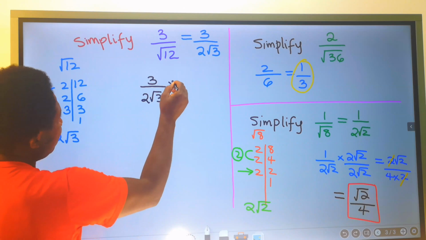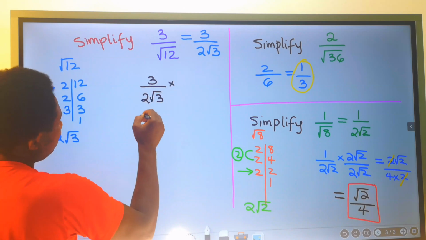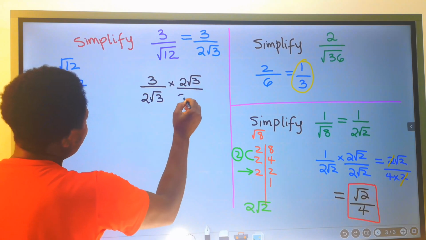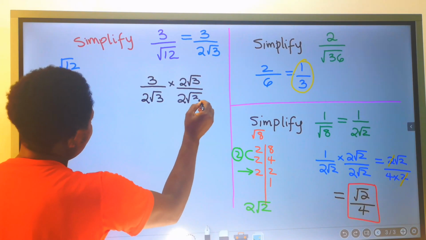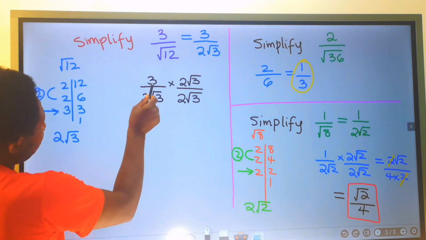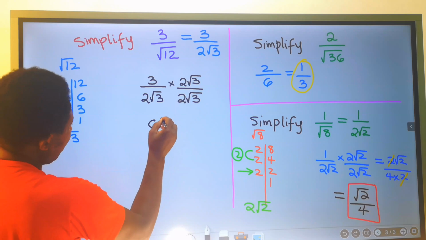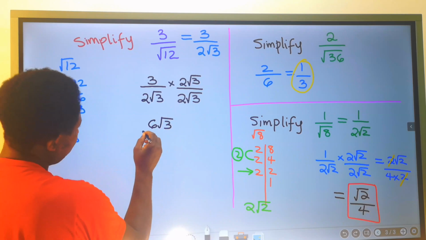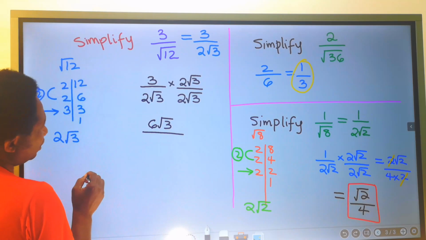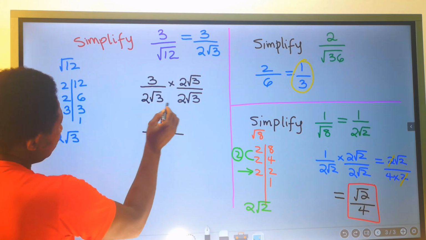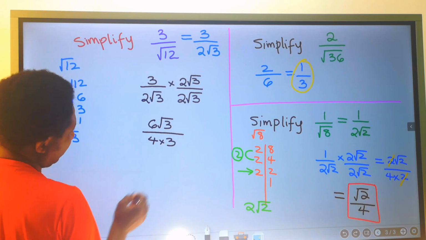The next step is I will take this denominator radical to multiply the numerator and also multiply the denominator. 3 times root 3 will give you 3 root 3. At the denominator, 2 times root 3 times root 3 is 2 times 3.